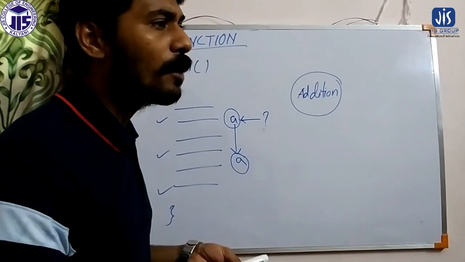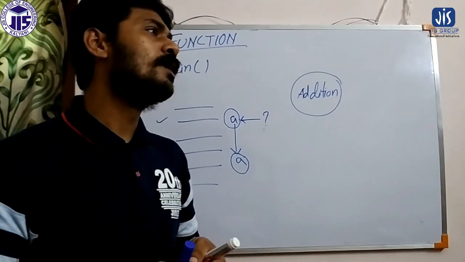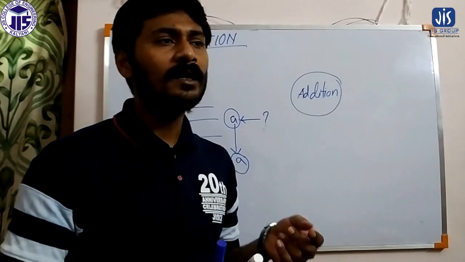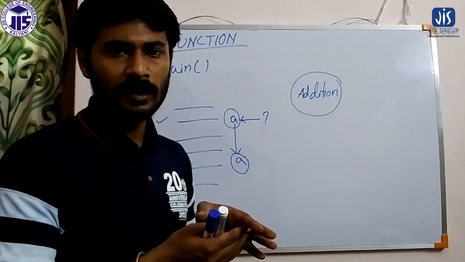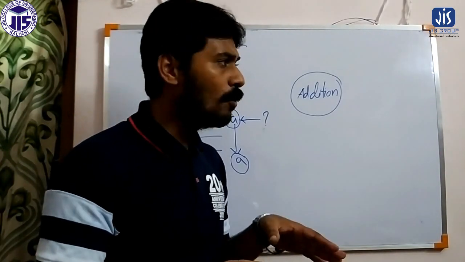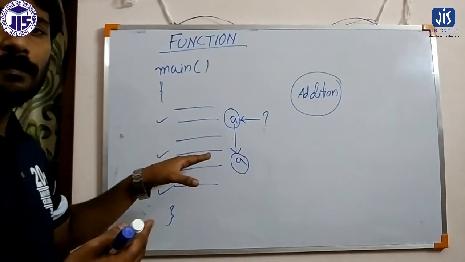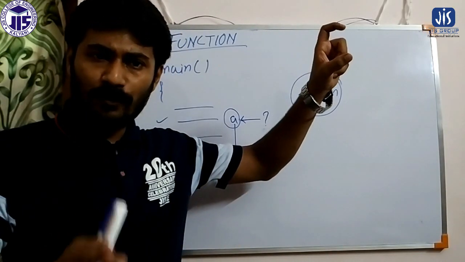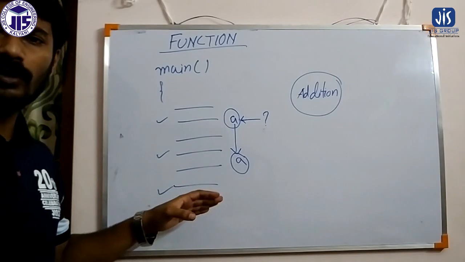But in a large program there may be a specific function for which we have to write 100 or more instructions. Now if we perform that function in this main program multiple times, those 100 instructions we have to write multiple times in this program.